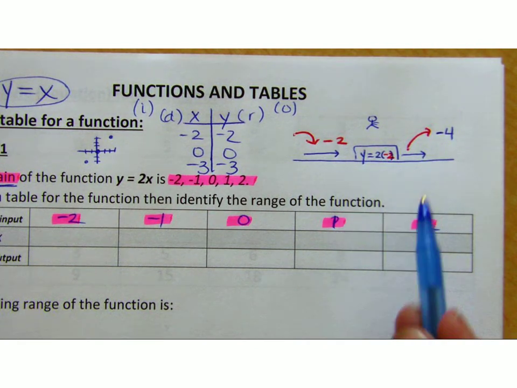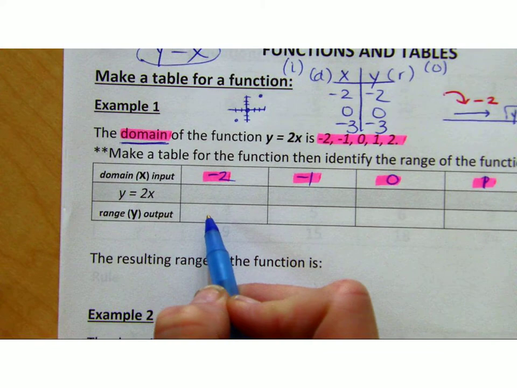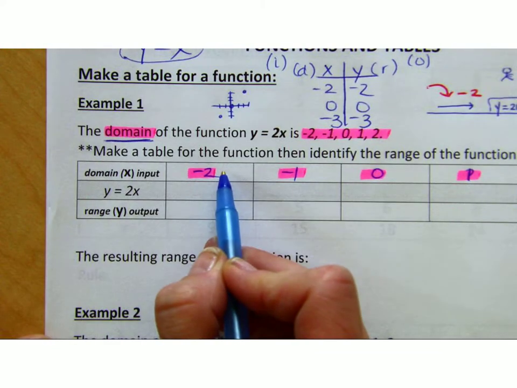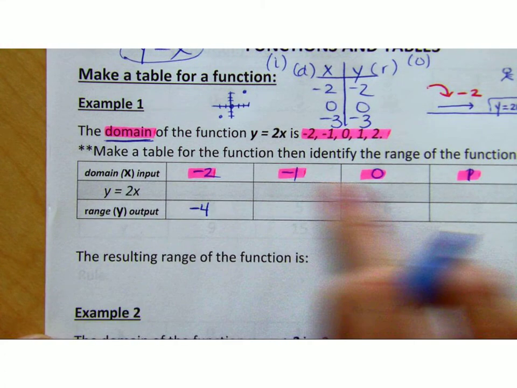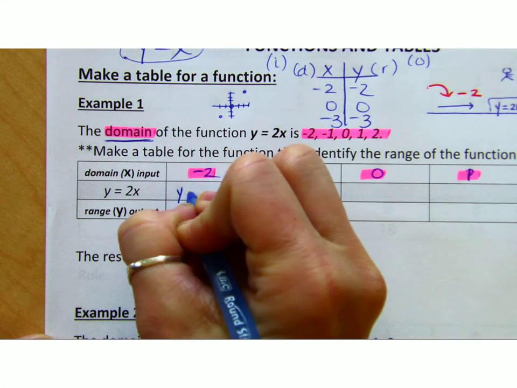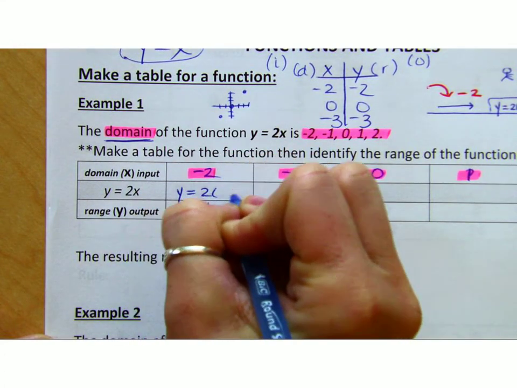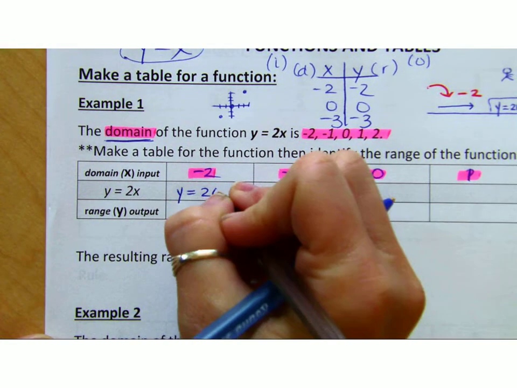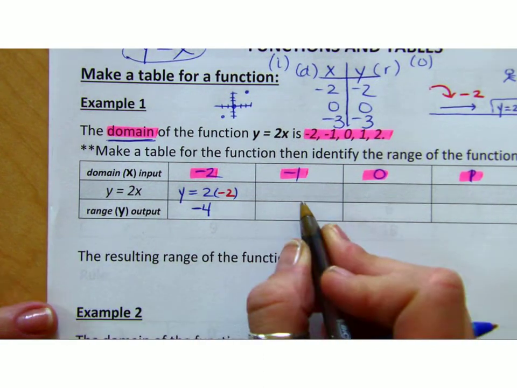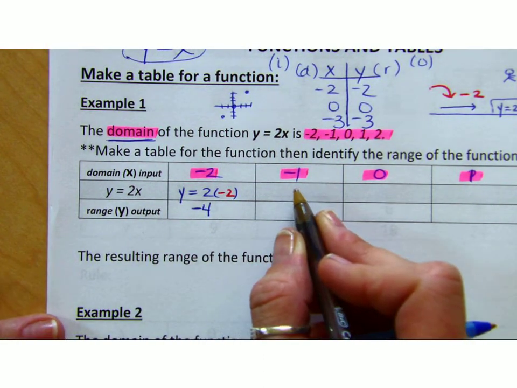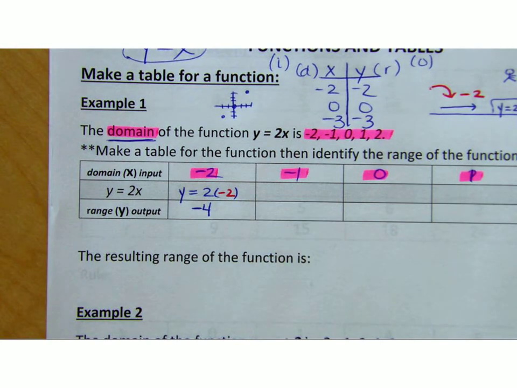So I want you to look at how that affects my table of values. I inputted a -2, and I outputted a -4. This little in-between part of the table of values is a spot for you to show your work. I'm not going to include that in every table of values. It's just showing that these calculations are done, and eventually they can be done in your head. And so now I found my first range value.